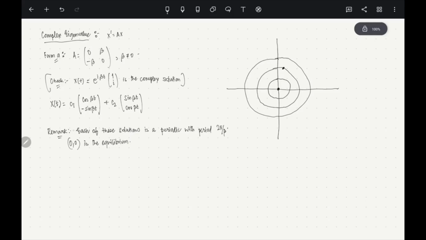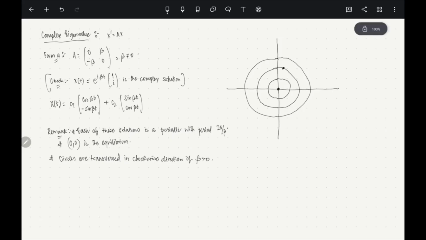Let's put the hash. See that the circles are traversed in a clockwise direction, right? In clockwise direction if beta is positive.